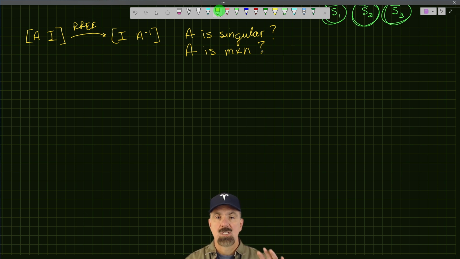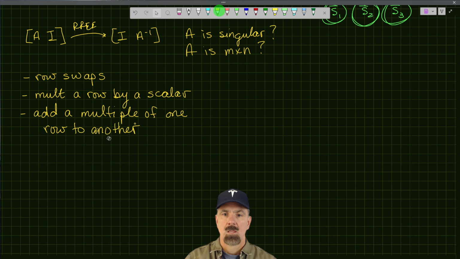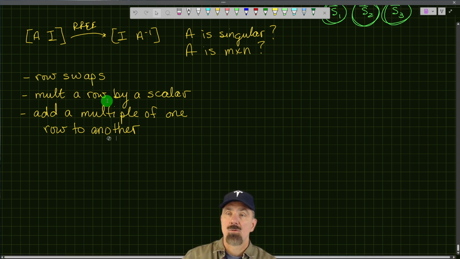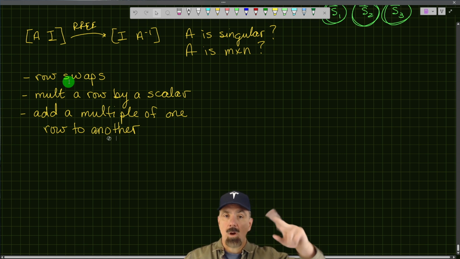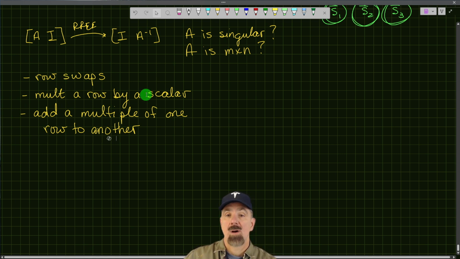Remember, Gaussian elimination is nothing more than applying our 3 row operations. Let me write them down for a refresher. All right, these are the 3 row operations right here. We can swap rows. That's just swapping equations. We can multiply a row by a scalar, which is just multiplying one equation on both sides by a scalar, or we can add a multiple of one row to another row.